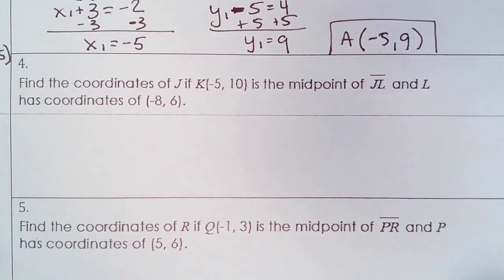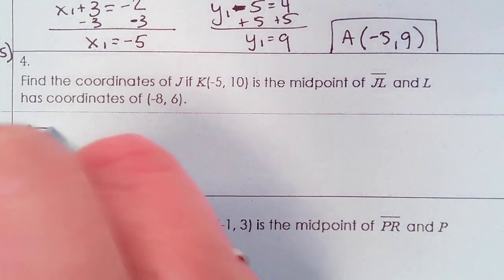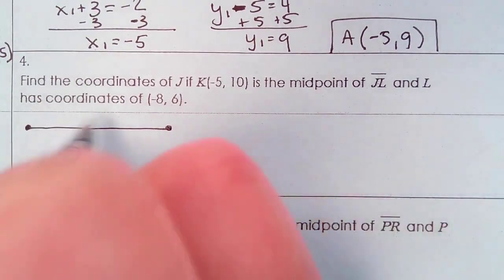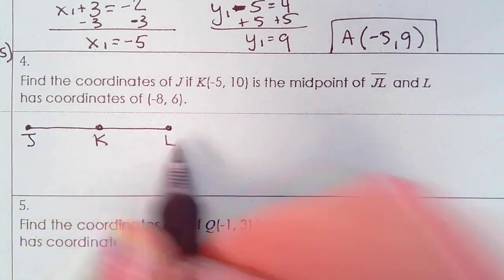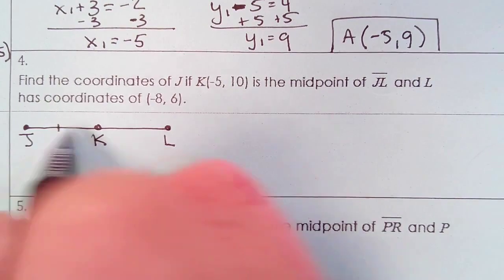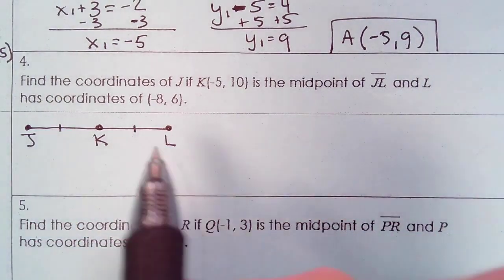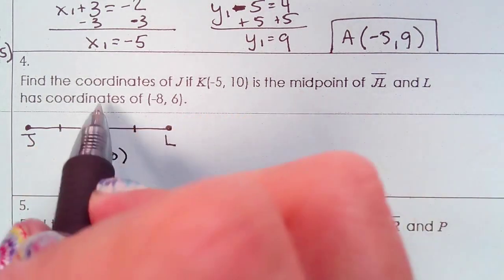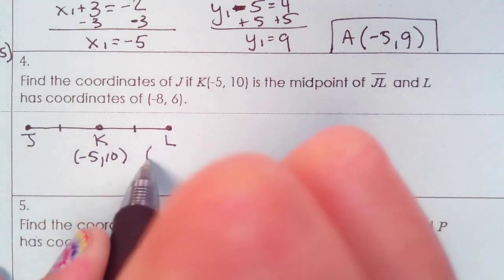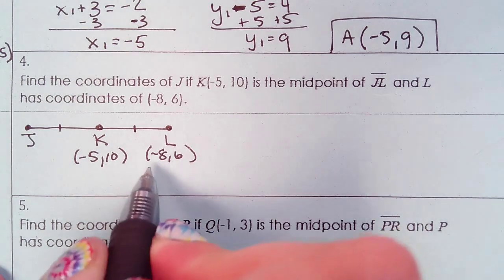Number 4, it says find the coordinates of J if K is the midpoint of JL. Okay, so here we have K is the midpoint, and JL is here. So it's the midpoint. These pieces are congruent. If K is -5, 10, and L has the coordinates of -8, 6, find J. So let's begin with our x's.